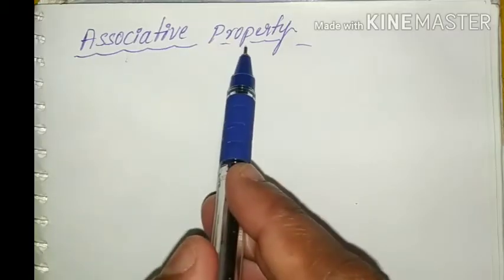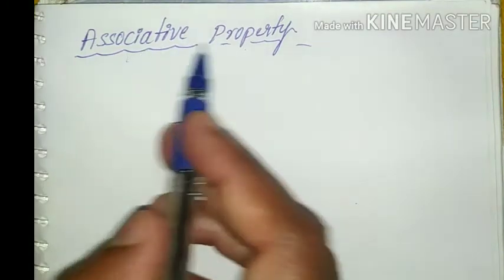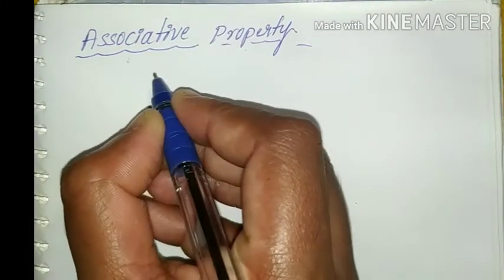Here we have to check whether associative property is satisfied or not, as we check in my explanation zone. Associative property of division. So what is associative property?